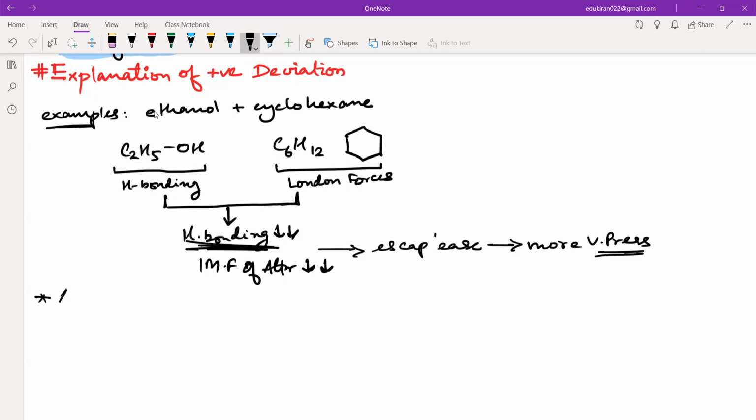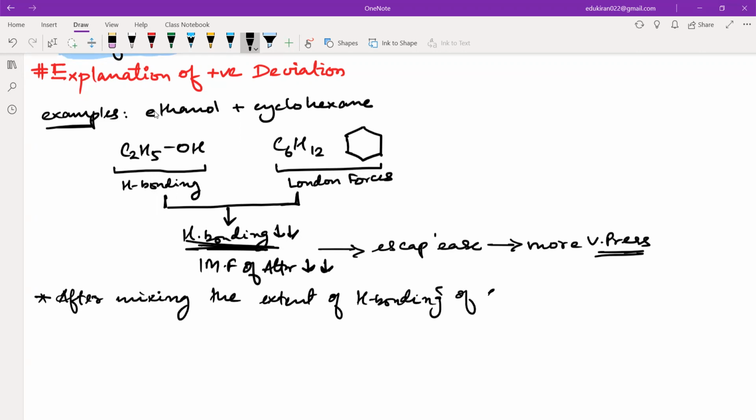So you can write here, after mixing, the extent of hydrogen bonding of ETOH will decrease, right?